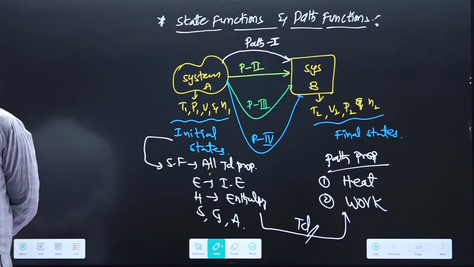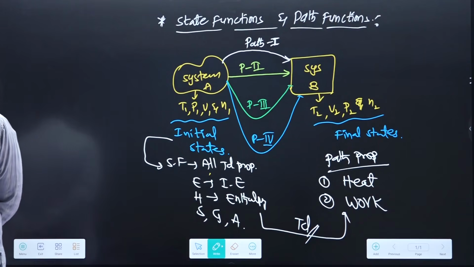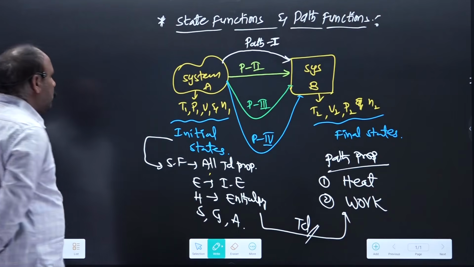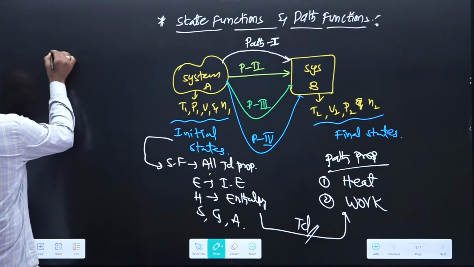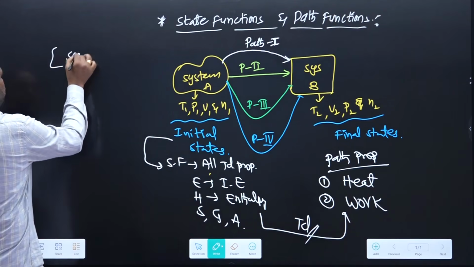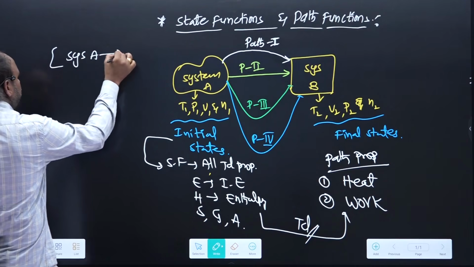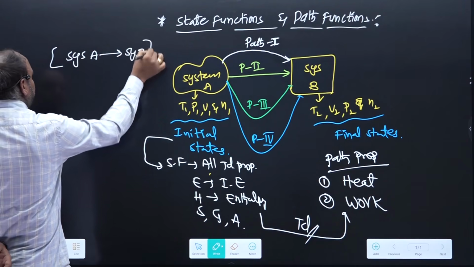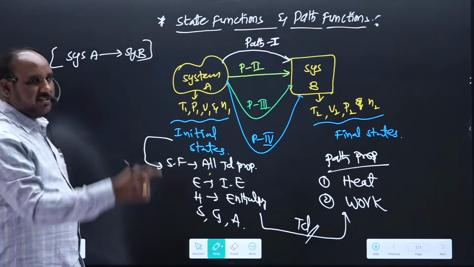In brackets, you have to write system A to system B, meaning conversion of systems.